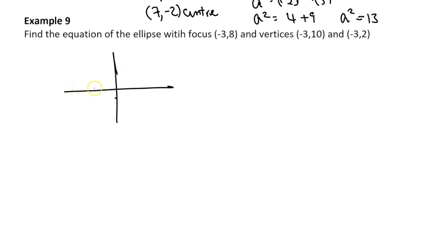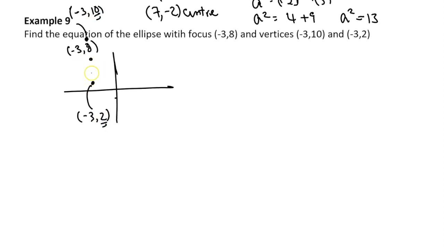Okay, we have the focus point at -3, 8. And we would have a vertex up here at -3, 10, as well as -3, 2. And if we have something like that where those are the vertices, you could average that out, and 10 and 2 would average out to 6.